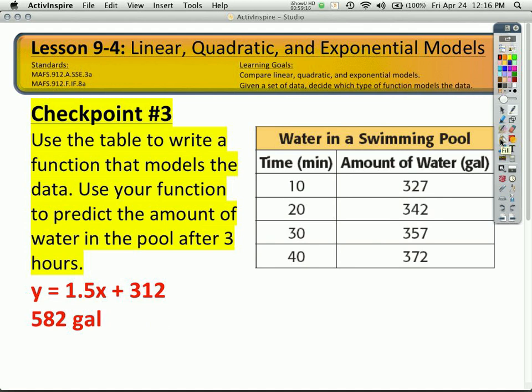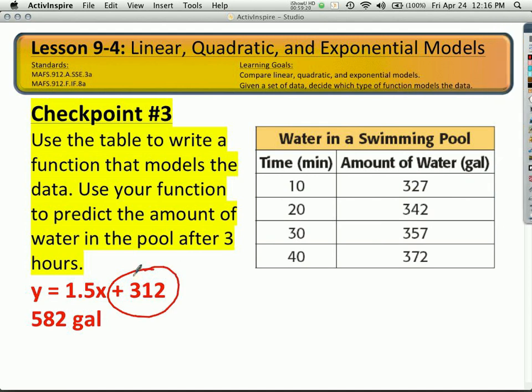So what I found after doing this lesson with a couple of classes is that the issue seems to revolve around the y-intercept, this plus 312. So Tristan, just because you happen to be one of the people I called on, how did you get the 312?